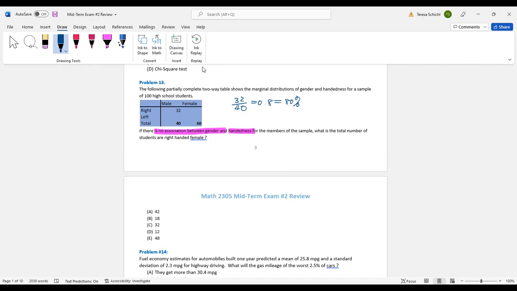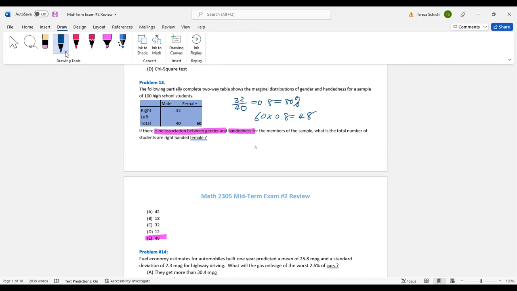Now for the female we have 60, so how many right-handed will be 60 times 0.8. So we should have 48 here. Okay, so the answer is 48, right?